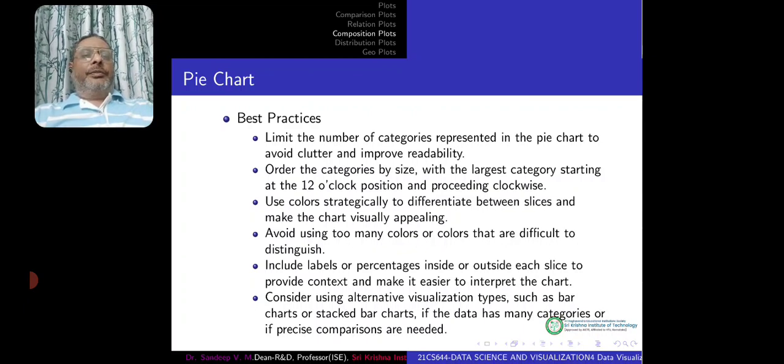Or if the number of categories is too many, then the pie chart will be too cluttered and hence not visually feasible to understand, and hence we fail in conveying the information we wanted to convey.